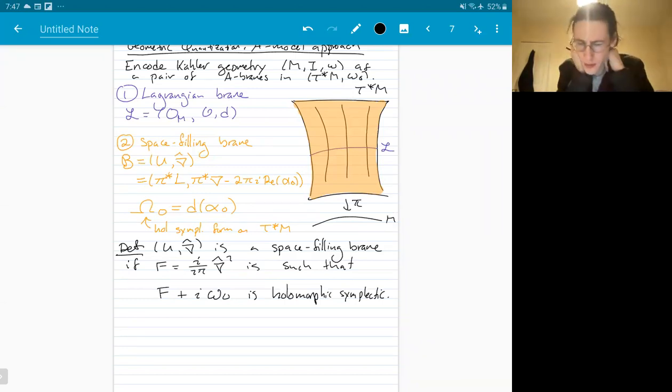Does this make sense? So the condition is that if we take the curvature of our line bundle and then add it to i times the canonical symplectic form on the real cotangent bundle, this thing gives you a complex form, and this needs to be holomorphic symplectic for some complex structure, which it will define just by the nature of it being 2-0.